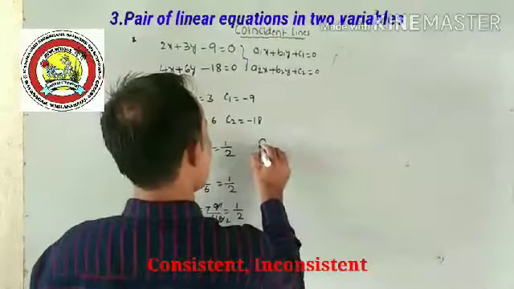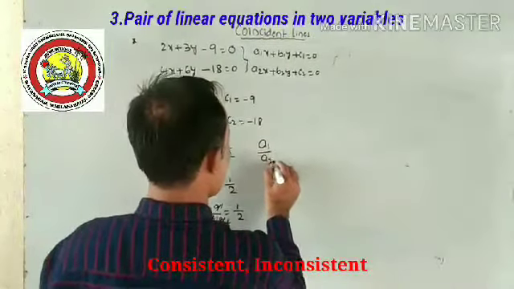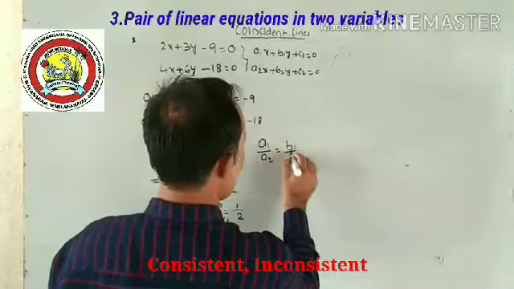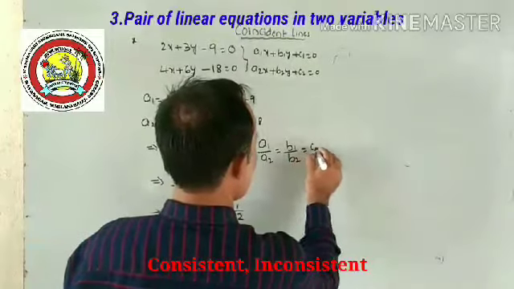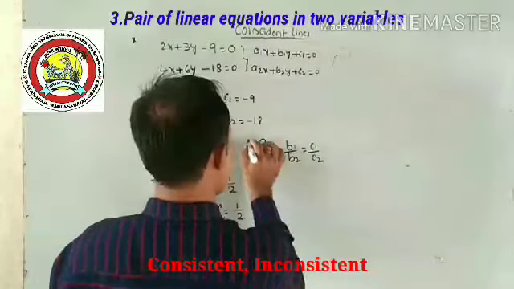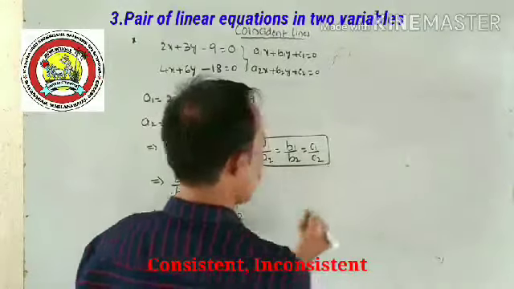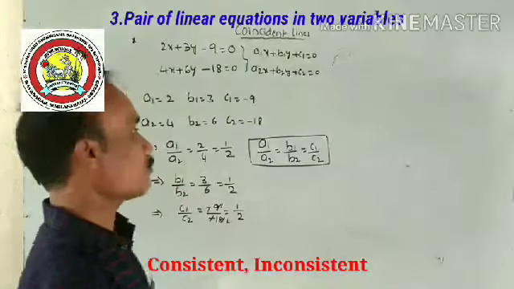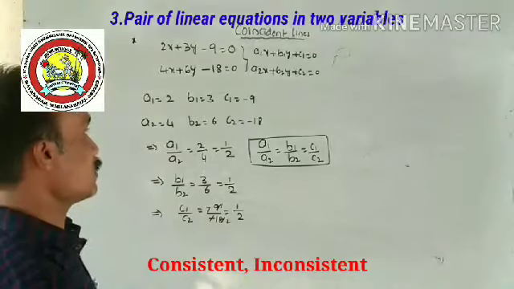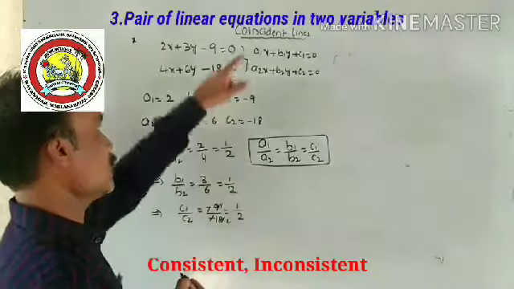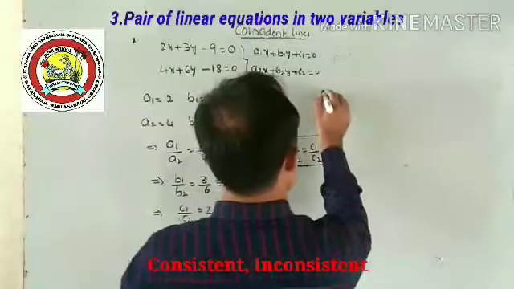Here a1 by a2 is equal to b1 by b2 is equal to c1 by c2. We got all three ratios with the same value, 1 by 2. Then we can say the very important thing about the algebraic representation.